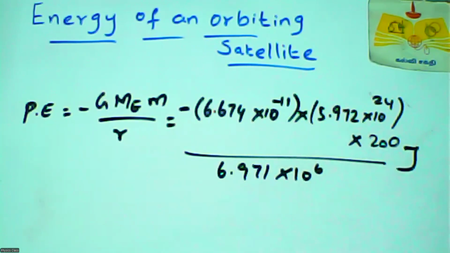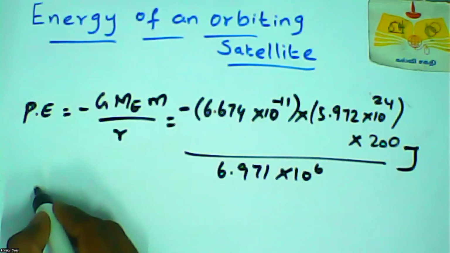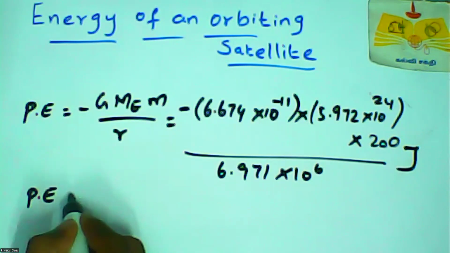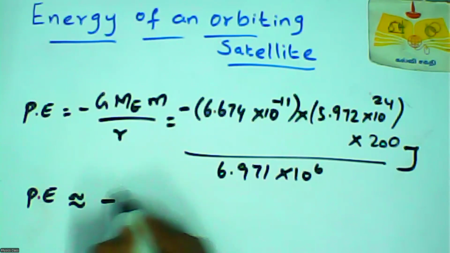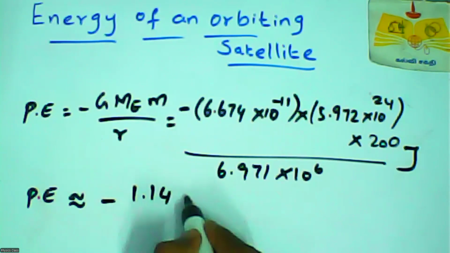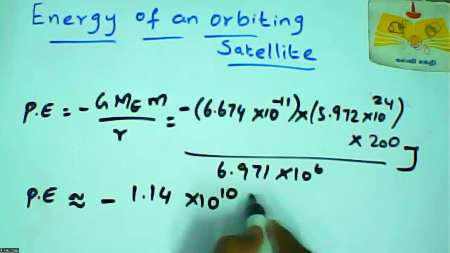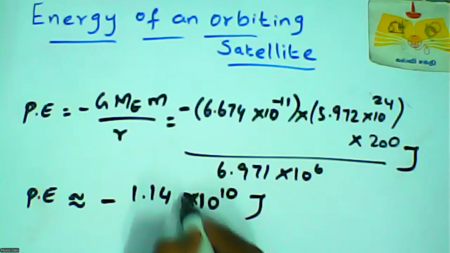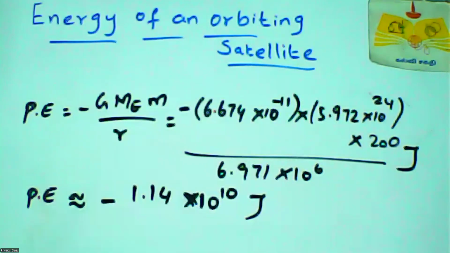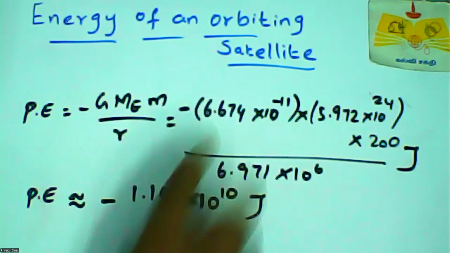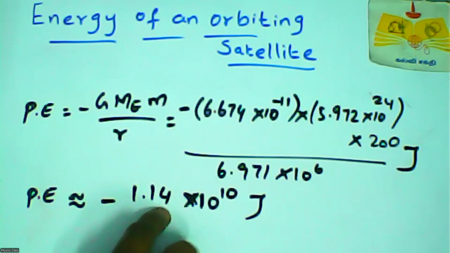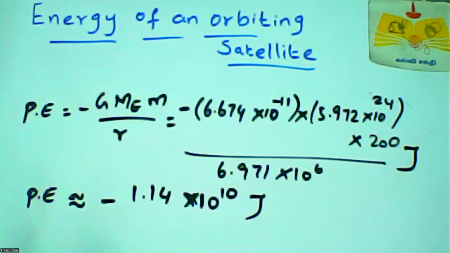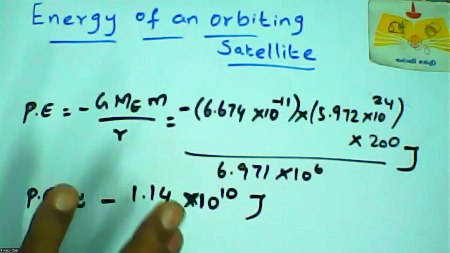This gives the potential energy in joule. You can simplify and you will get the potential energy approximately minus 1.14 into 10 power 10 joule. Note that value and you can do the calculations. So this is the potential energy.